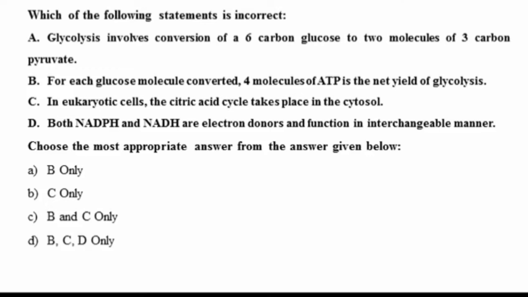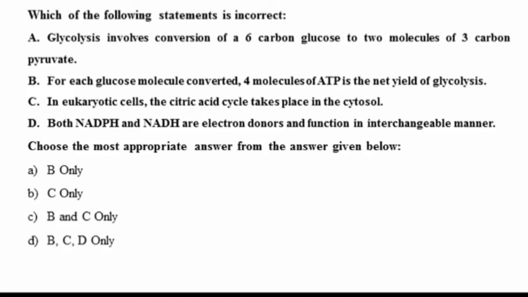Actually, for each glucose molecule converted, we have 2 molecules of ATP as the net yield of glycolysis. So statement B is incorrect. Statement C says, in eukaryotic cell, the citric acid cycle takes place in the cytosol. No, in eukaryotic cell, the citric acid cycle takes place in the mitochondria. So statement C is also incorrect.